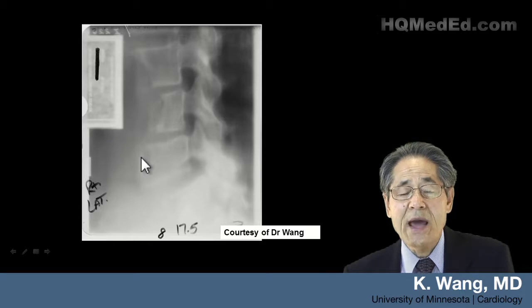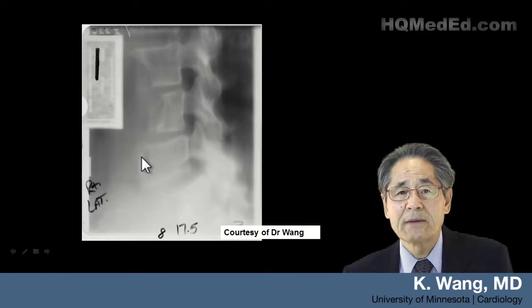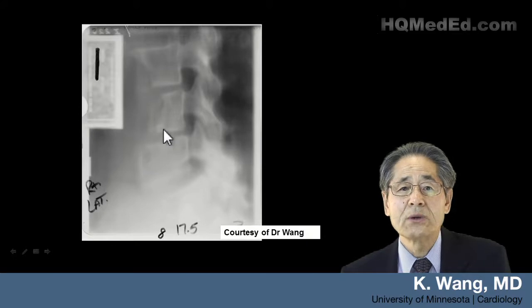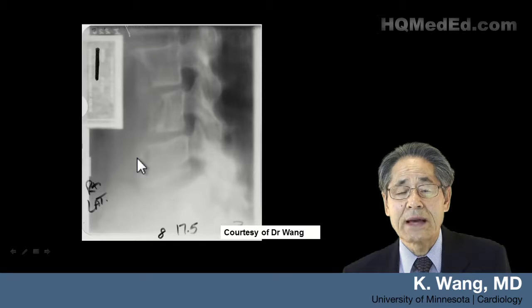So the same thing is happening here. AAA pounding against the lumbar spine, say 70 or 80 times per minute for many years, will result in pressure necrosis or erosion like this. So this is actually AAA causing findings like this.